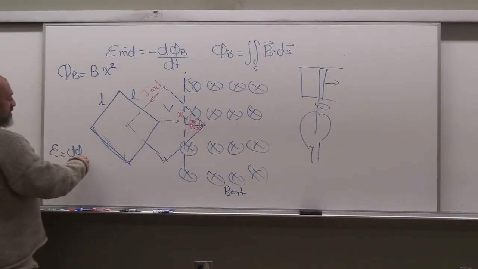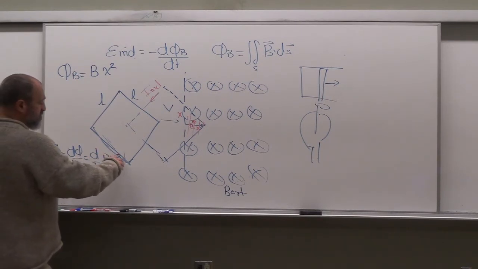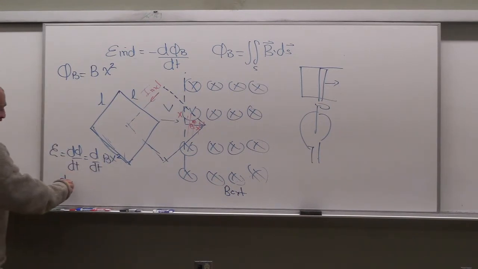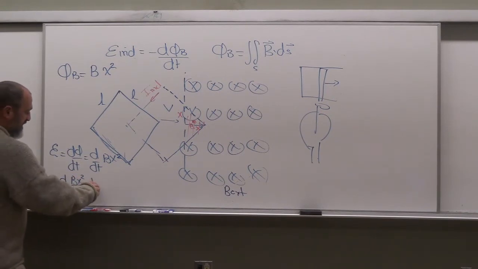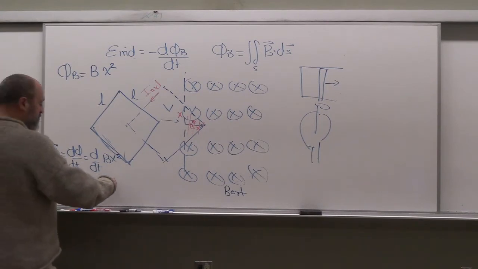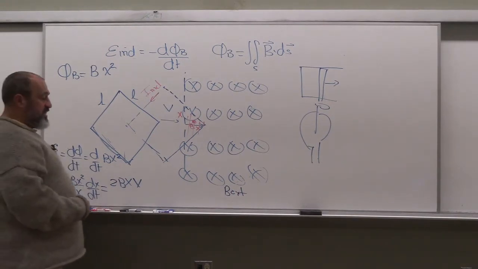That's equal to d by dt of Bx squared. Again by the chain rule, d of Bx squared by dx times dx by dt, which equals 2Bx times dx by dt, and dx by dt is just v. That's your expression for the induced EMF.